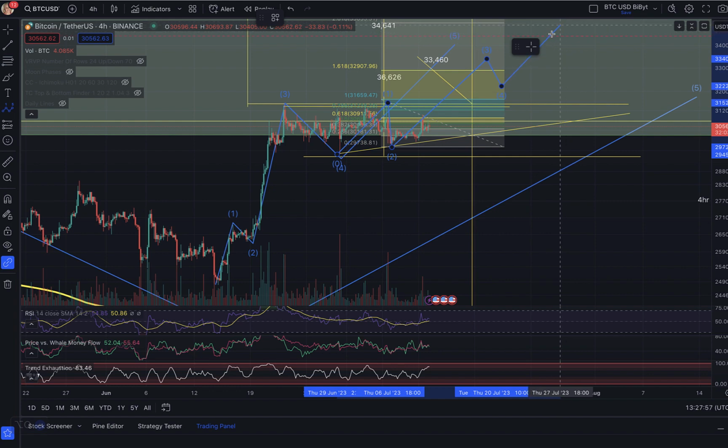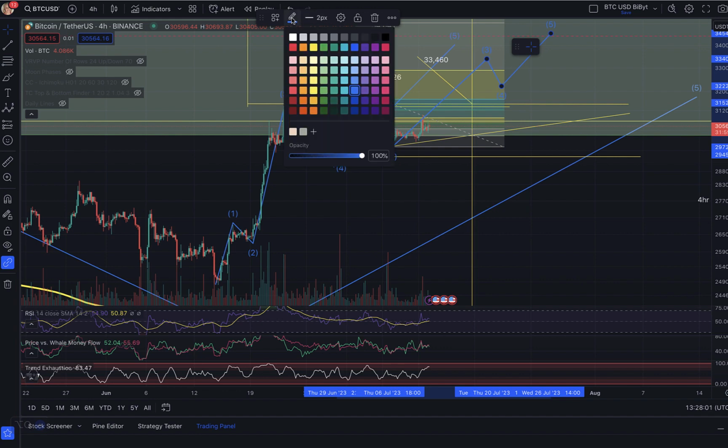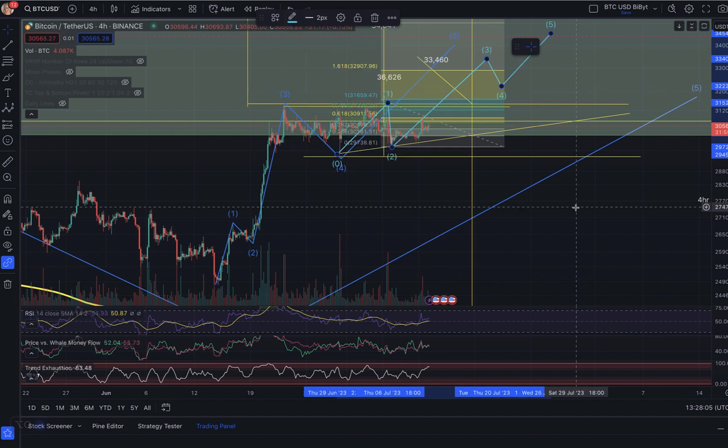That's what it could look like. Let me just change that color so that we know that's the micro wave count. See that? So now we have some pickup sticks. I'm going to be monitoring this to see how we're going to play this out.